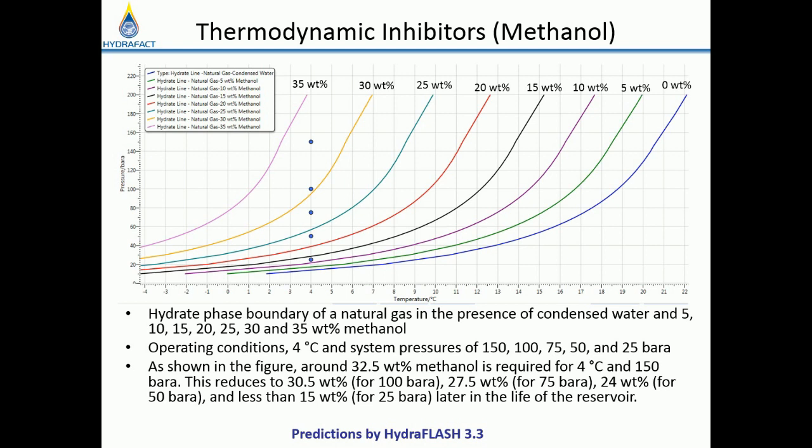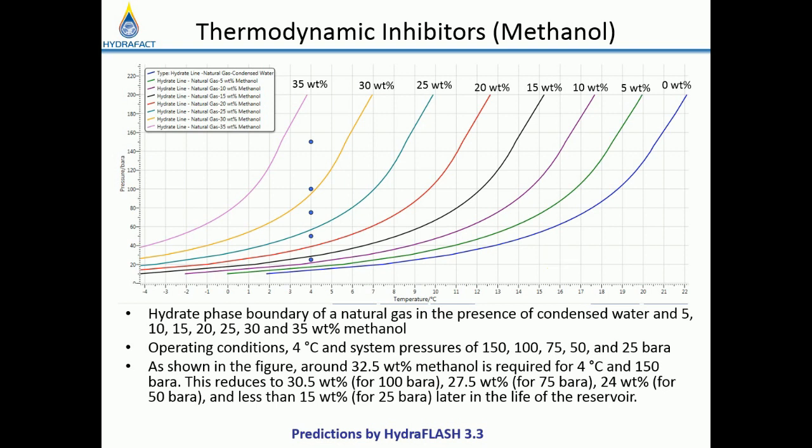In this slide, you can see the hydrate phase boundary for a natural gas in the presence of condensed water and 5 to 35 weight % methanol. Here we have used HydraFlash 3.3 for our predictions. As shown in the figure, the hydrate phase boundary shifts to the left as a function of methanol concentration.